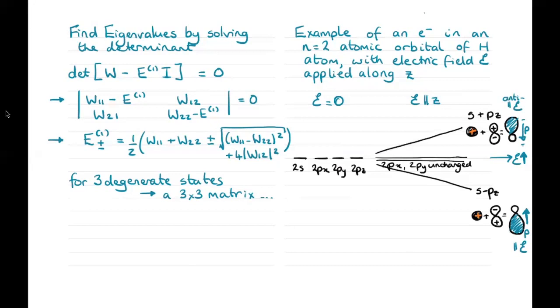So just intuitively, we see that 2 of the atomic orbitals are unaffected by the electric field. The linear combinations of the 2 remaining ones, one of them is lowered by the electric field and one of them is increased by the electric field. So the degeneracy is lifted by the electric field.